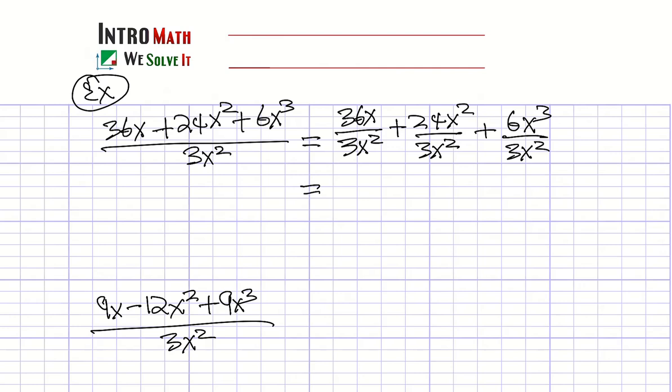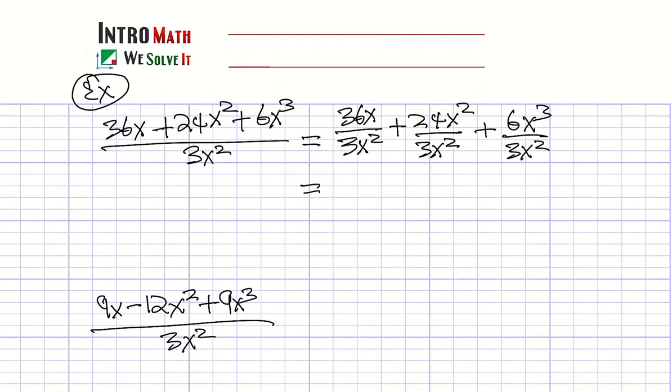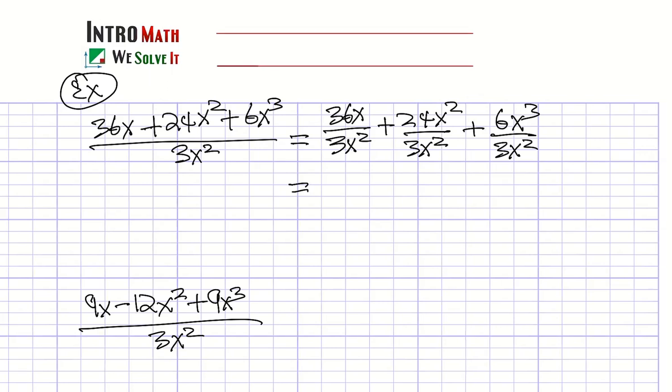What do we get? You simplify that. Just give me a minute. Okay, it's 12 over x.